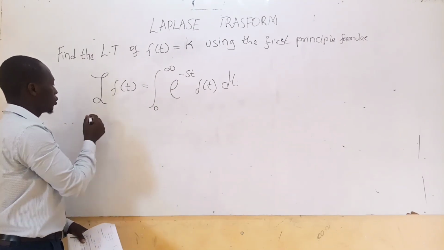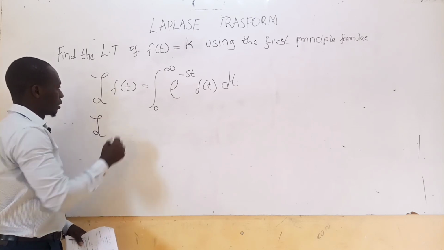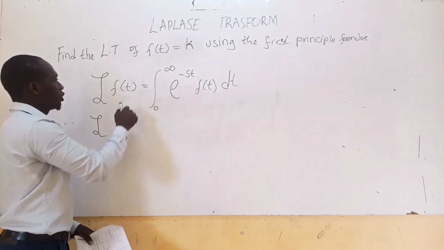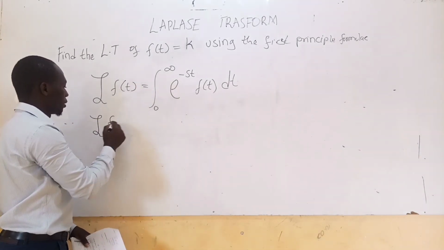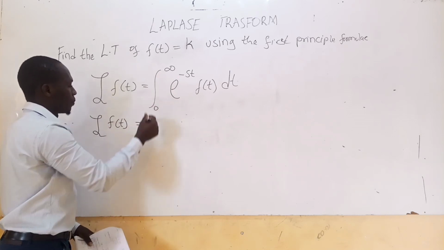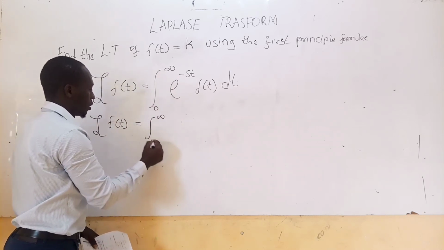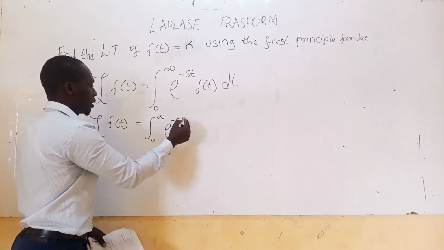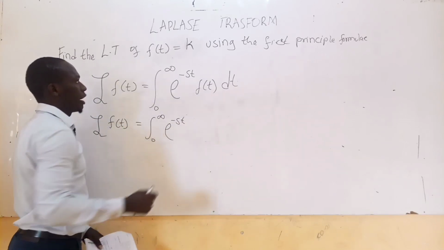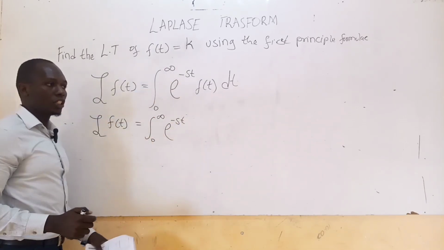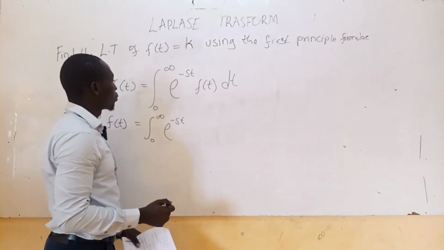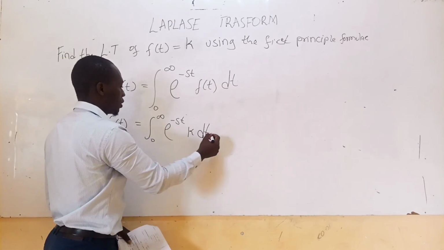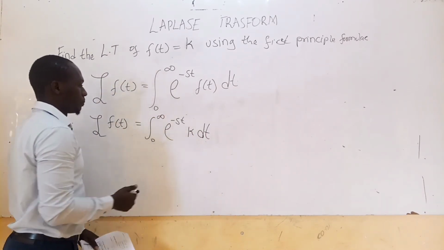So here we are going to find the Laplace transform of a function f of t, whereby the function f of t is equal to k. The integral of exponential negative st times f of t, where f of t is equal to k, so we have k with integration with respect to dt.